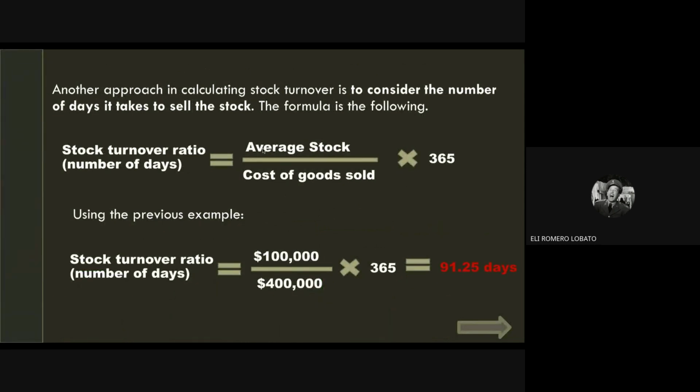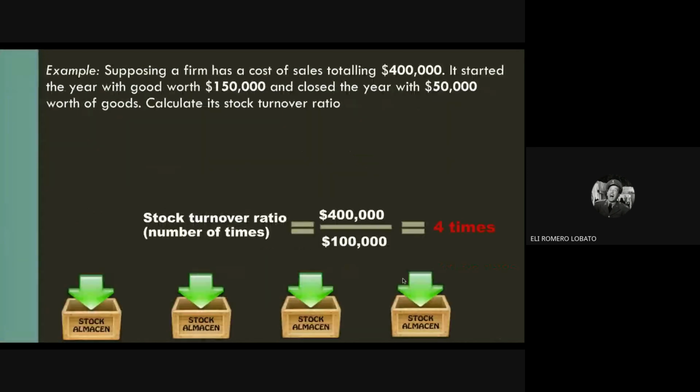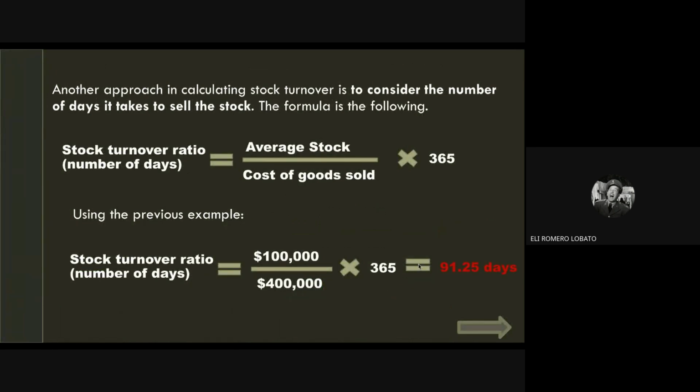Then we got the other way to calculate, no? The stock turnover in this case is going to be just according to days. Instead of analyzing times per year, we are going to be much more specific. We are going to calculate days, okay? So we got the formula here.